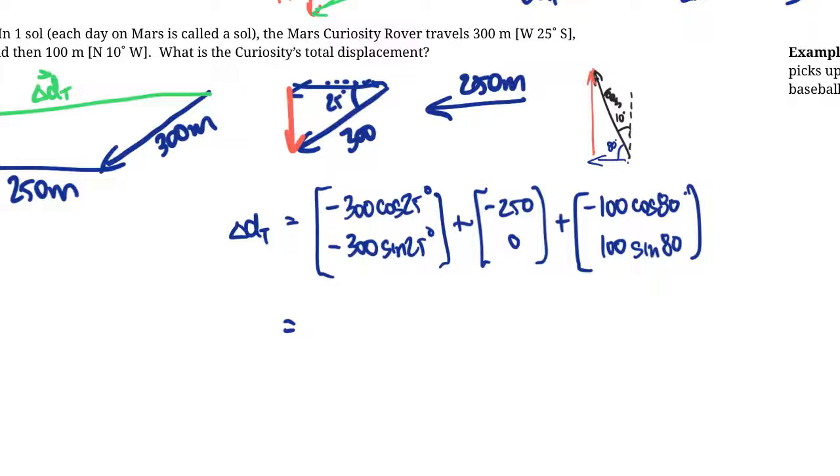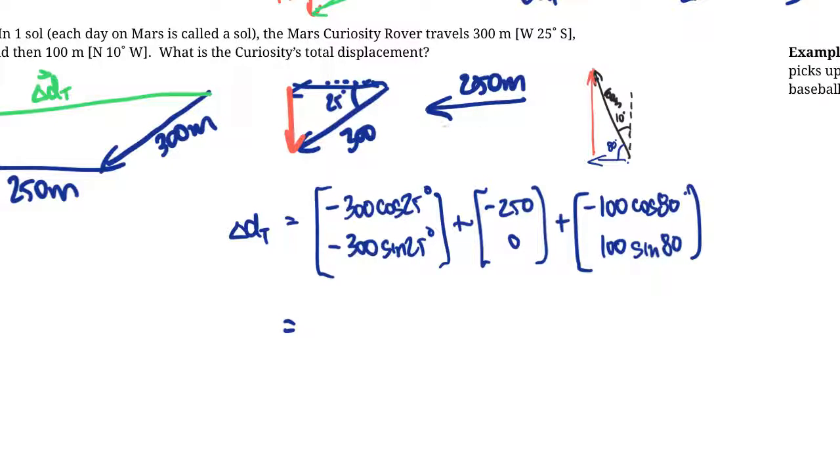But if in my calculator I literally write negative 300 cos 25 plus negative 250 plus negative 100 cos 80, so just write out this whole top part in my calculator at once, the answer it spits out is going to be more exact. It's not going to have any rounding error because you did it all in one step. Same thing for the y component, all in one step. You just have to be careful to get your negatives in the right place.